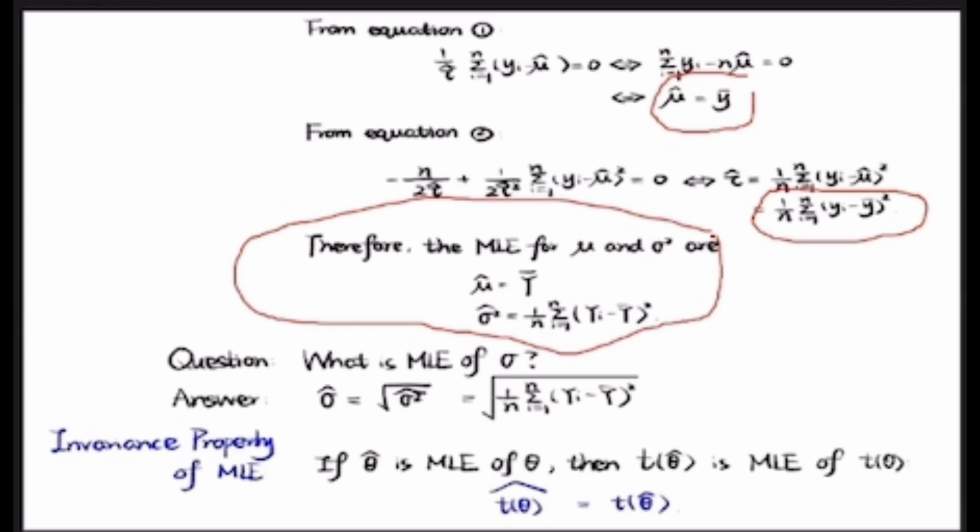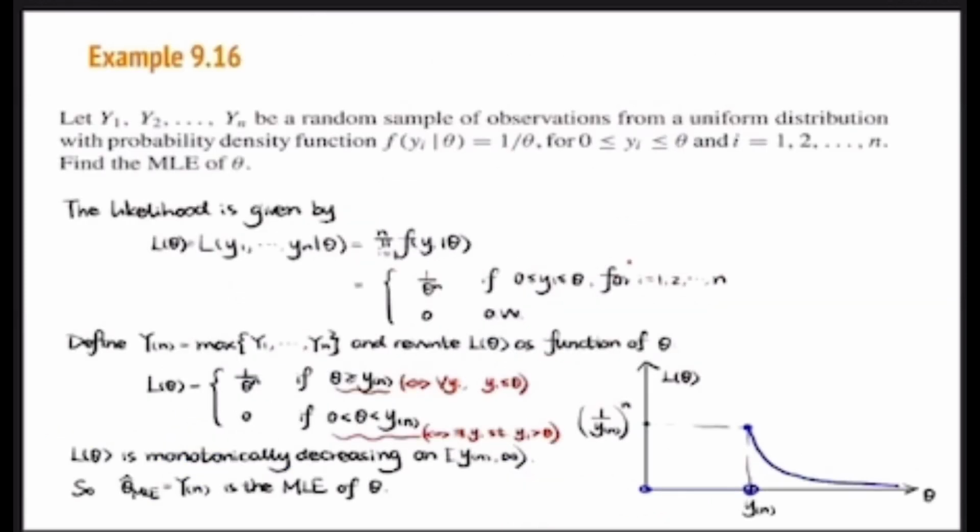Okay. Now I'm going to go to what I call the invariance property of MLE. If theta cap is an MLE of theta, then a function of theta cap is also going to be an MLE of the function of theta. That's the invariance property. Now, let's take a look at this.